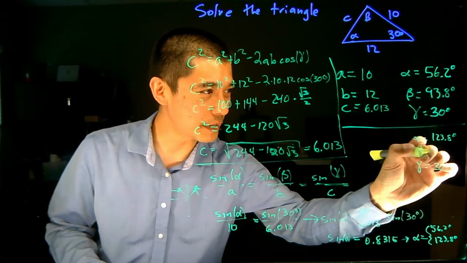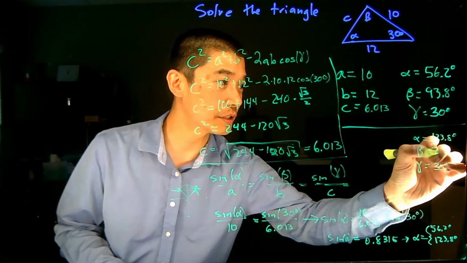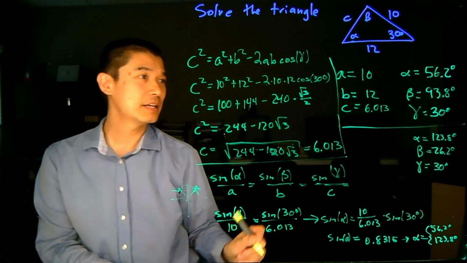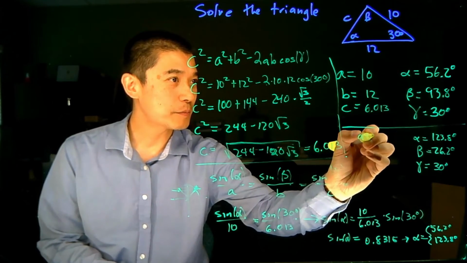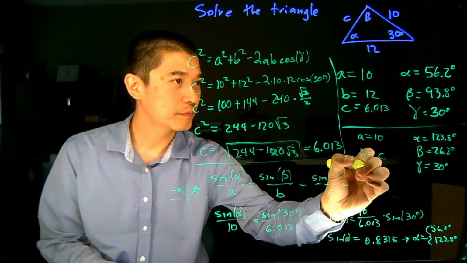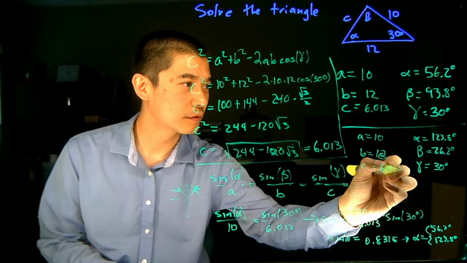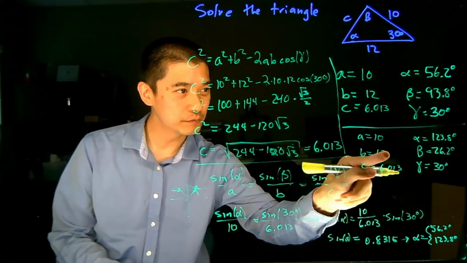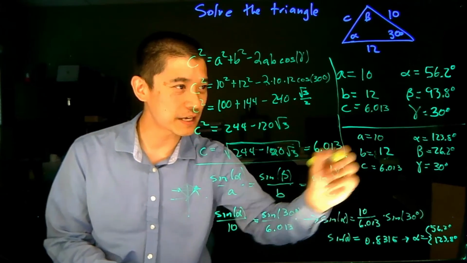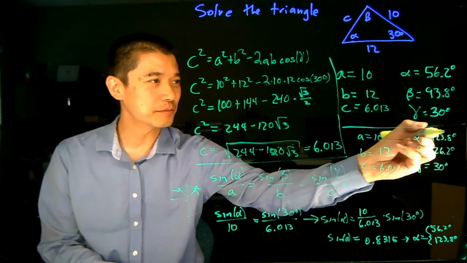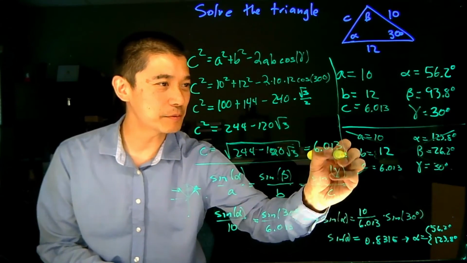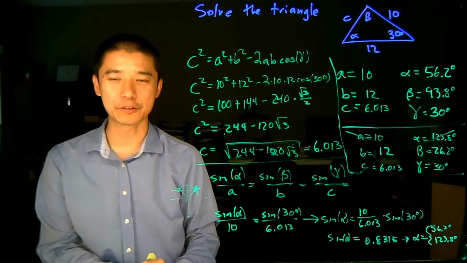And if you calculate the beta, it'll turn out that your beta is going to be 26.2 degrees. And if you look at the corresponding values, we now have the smallest angle across from the largest side, and that's not going to work. So that will be your heuristic to help you decide which configuration you want when using the law of cosines.